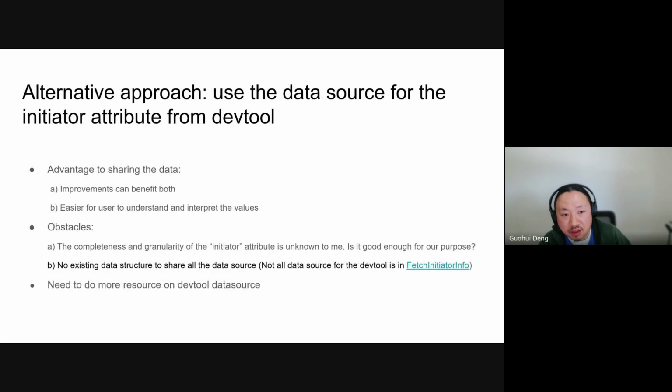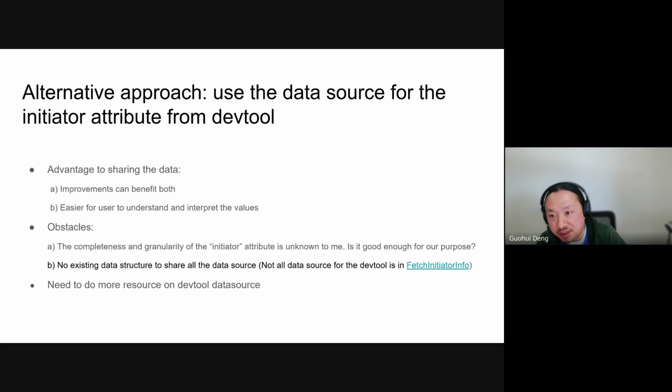This is the current status of Yoshi's approach. Now, I'm really thinking there could be a possibility to use the data that's used by the dev tool. Apparently, we have calculated some initiator information in Chromium already, and I guess similar information may be implemented in other browsers as well.